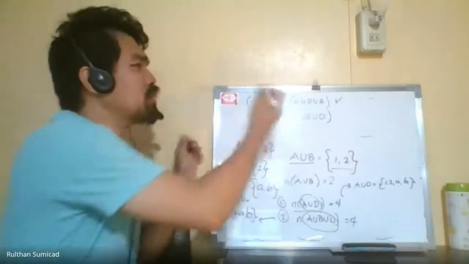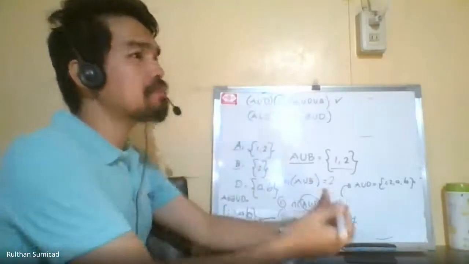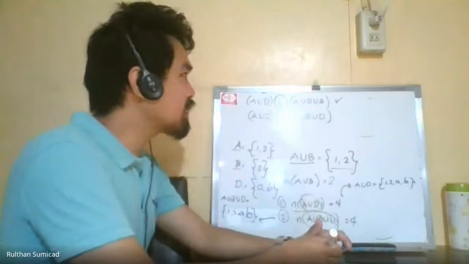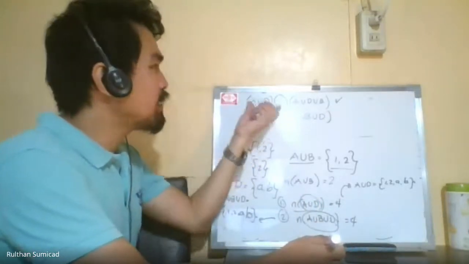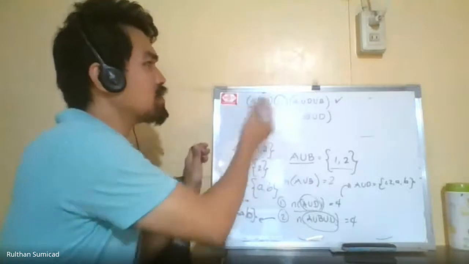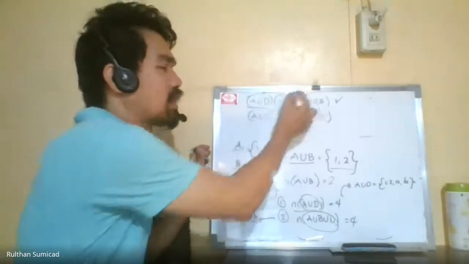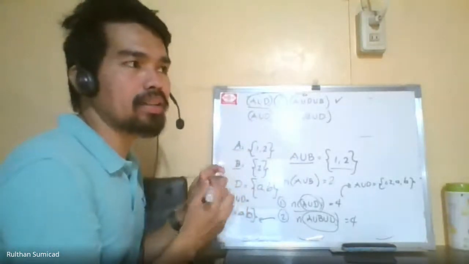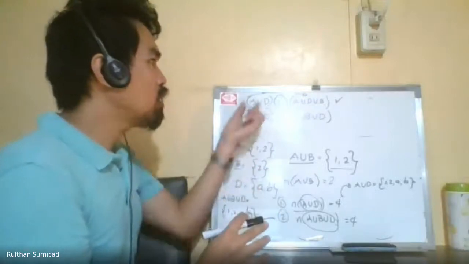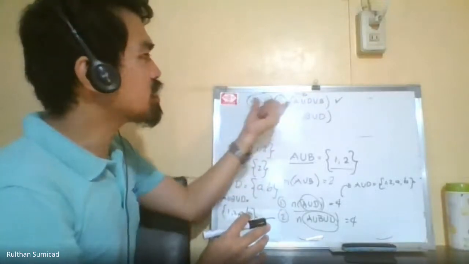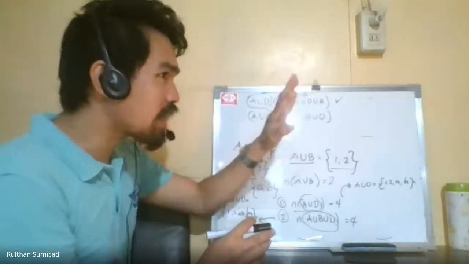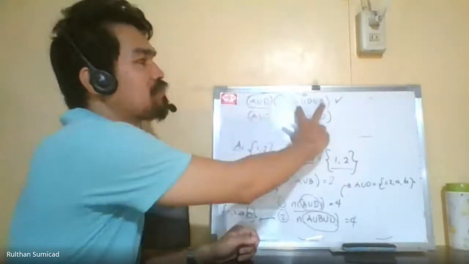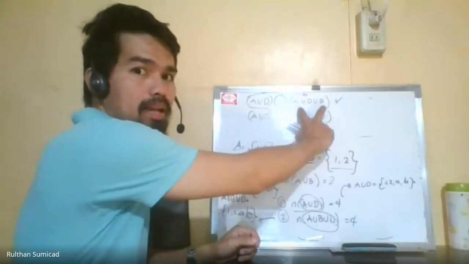Okay, let's try to review. When you use the symbol subset, it means that this set here is smaller than the other one. At least that's the least that you can remember. When you say this set is a subset of the other, it means all the members of this set are found in the other set.